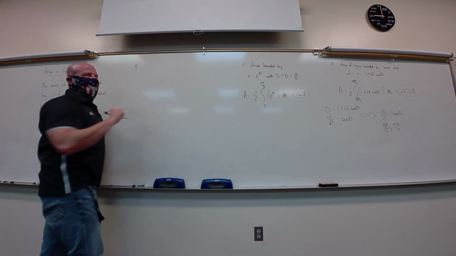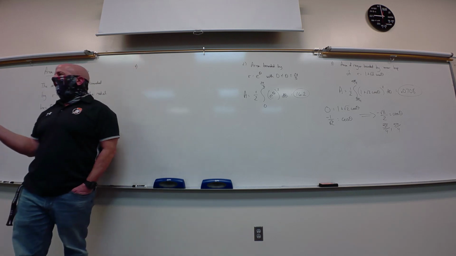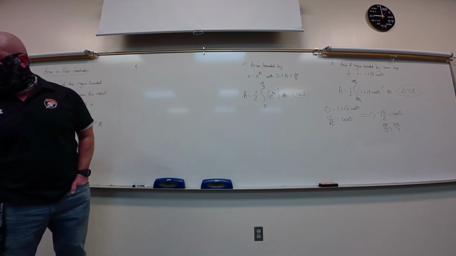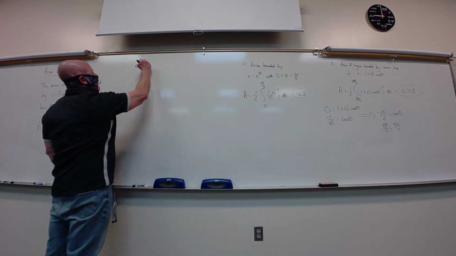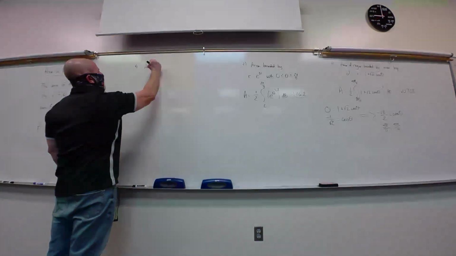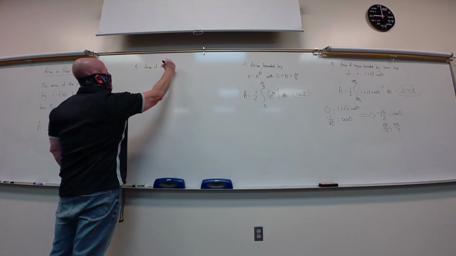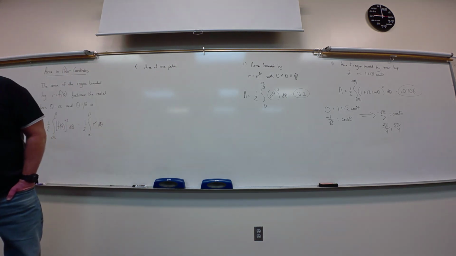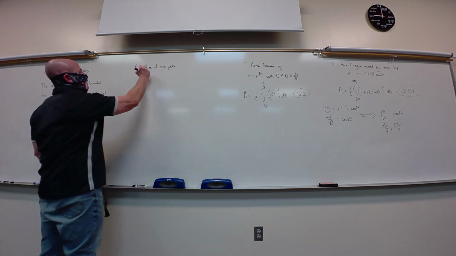All right, now we saw the rose graph last time, the one with the petals on it. Okay, so let's look at something like this. Area of one petal for R equals 4 sine 3 theta.